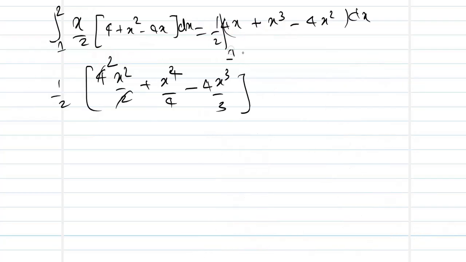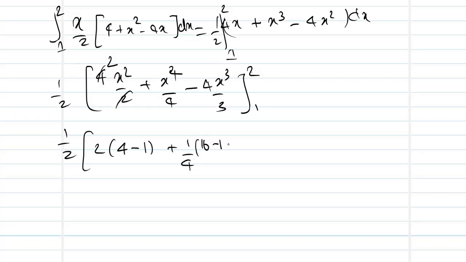So changing the limit and applying it between 1 to 2, we have 1 by 2, 2 into, applying the upper limit, 2 square is 4 minus 1 square is 1, plus 1 by 4 times of 2 power 4, 16, minus 1 power 4 is 1, minus 4 by 3 times of 2 cube is 8 minus 1 cube is 1.